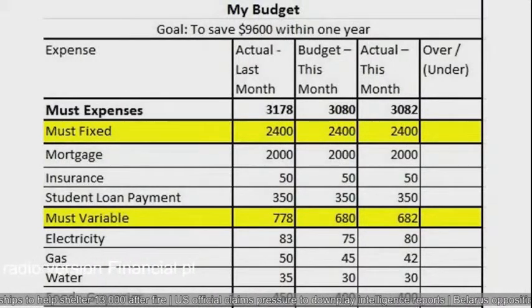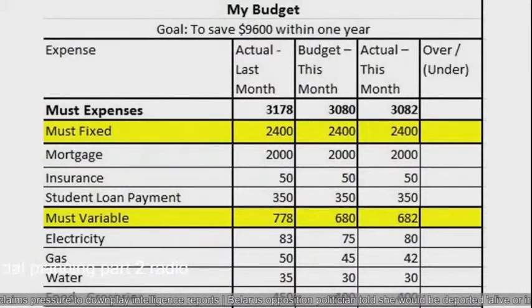This particular person who's made the budget has $2,400 that they spent last month in must fixed expenses. That $2,400 was broken up: $2,000 for their mortgage, $50 for the insurance, and $350 for their student loan.